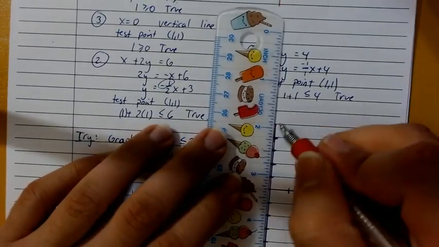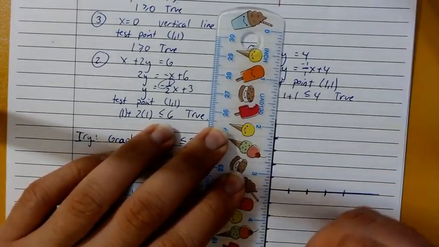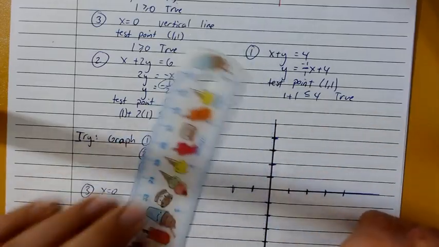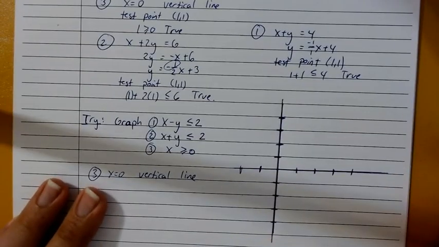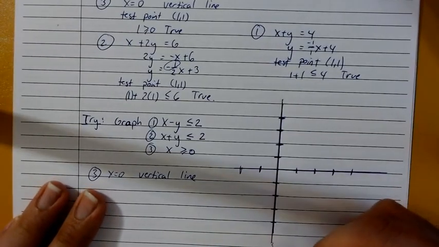The vertical line x equals to 0. And now we want everything that is on one side of that vertical line. Okay, I'll label that as line number 3.